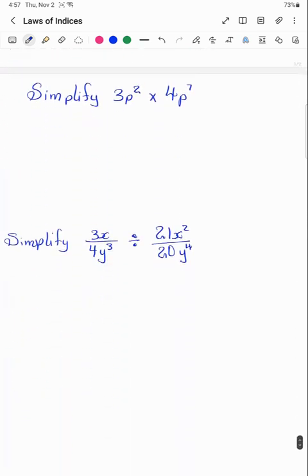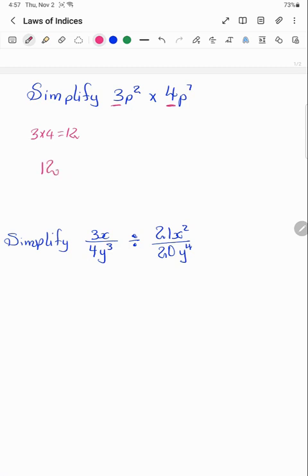Okay, so we're going to start off here. Simplify 3p squared multiplied by 4p to the 7th power. Let's look at the numbers. 3 times 4 is 12. So if we combine the numbers, we have 12.